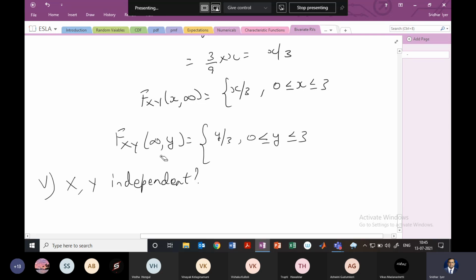Anyone? You all have gone through probability. When are two events independent? Or give me an example of events being independent. Anyone?